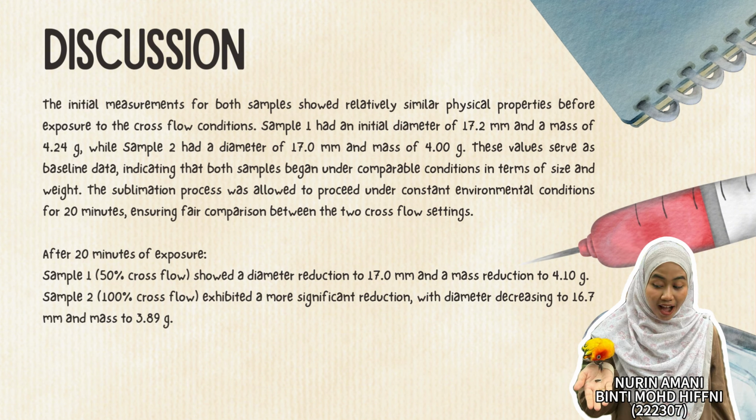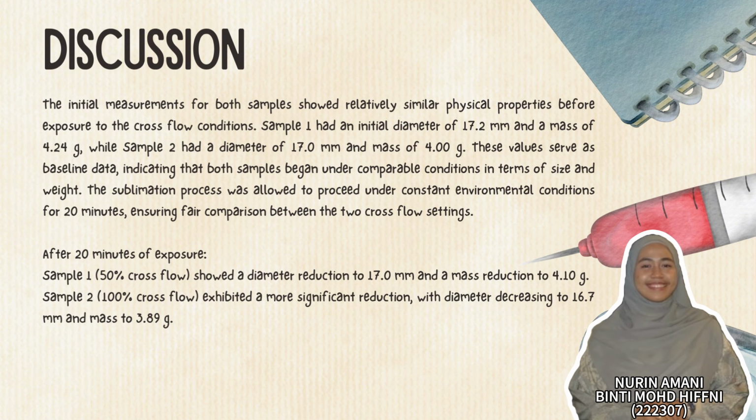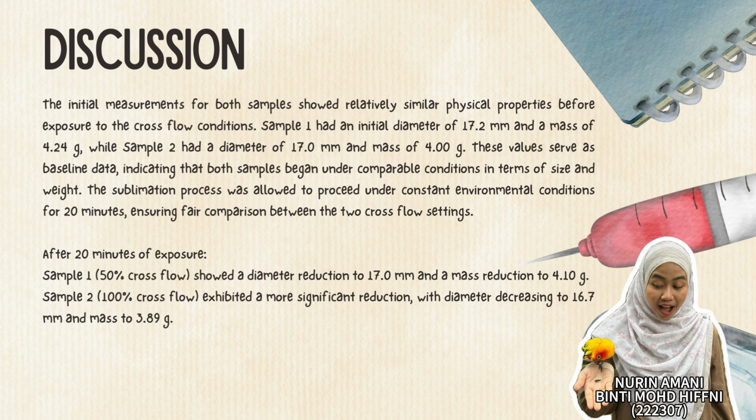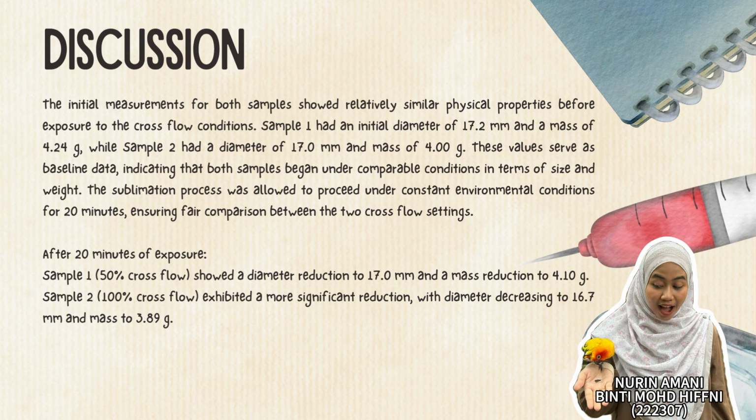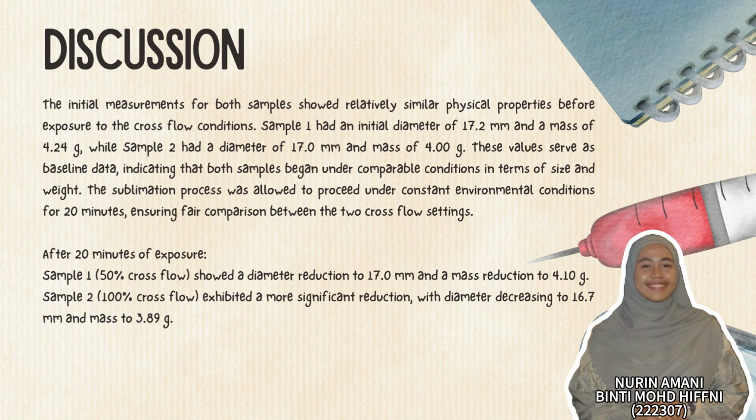After 20 minutes of exposure, sample 1, which is 50% cross-flow, showed a diameter reduction from 17.2 mm to 17.4 mm and a mass reduction from 4.24 gram to 4.10 gram. However, sample 2, which is 100% cross-flow, exhibited a more significant reduction with diameter decreasing from 17.4 mm to 16.7 mm and a mass reduction from 4.0 gram to 3.89 gram.